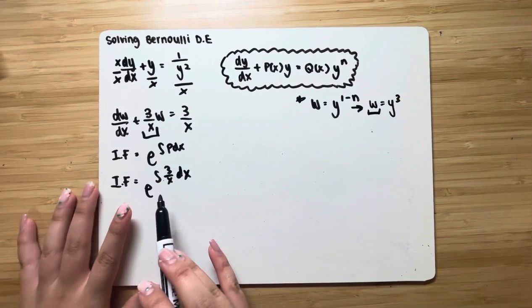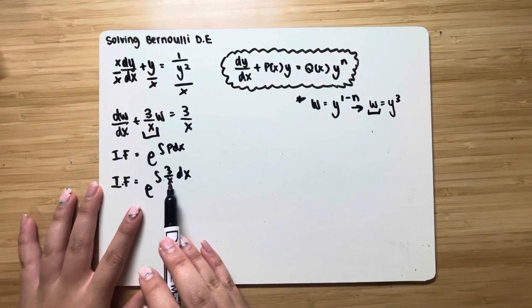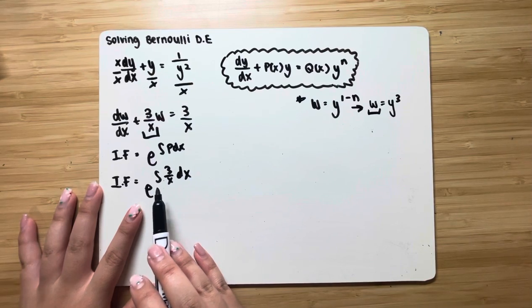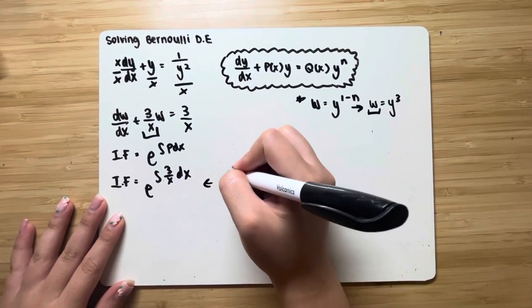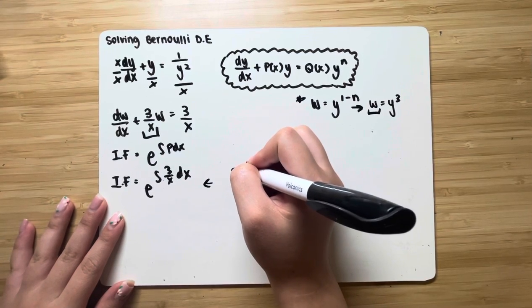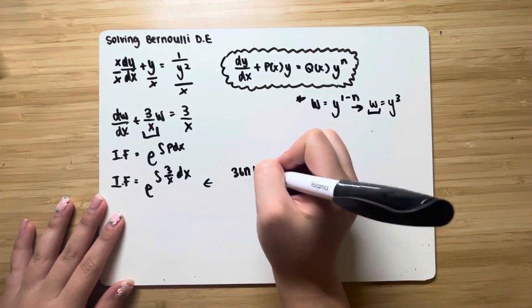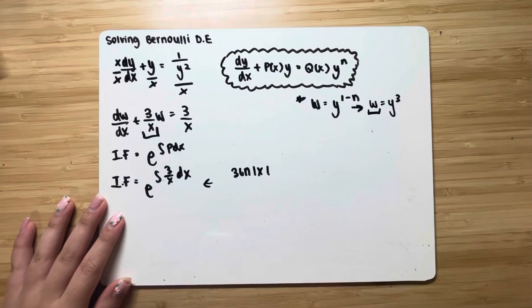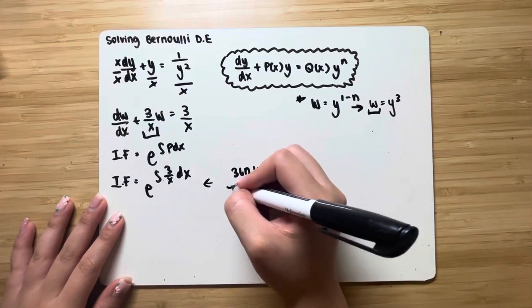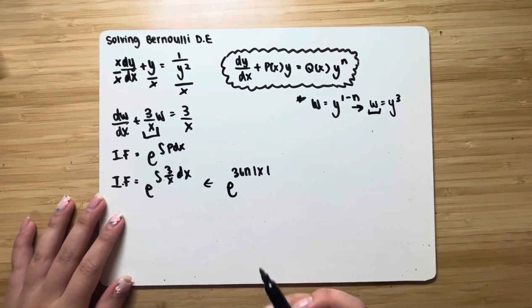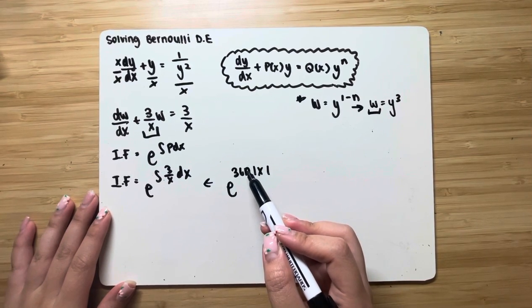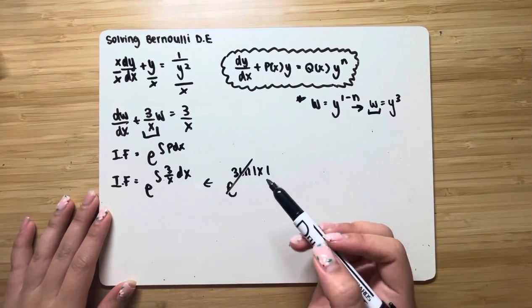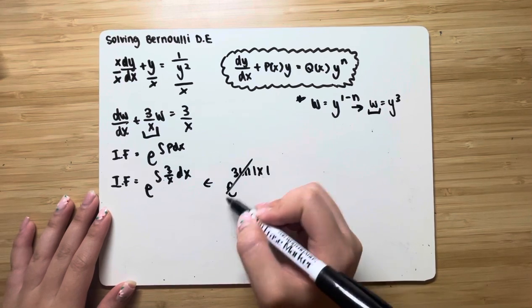And now the integral of 3 over x is going to be 3 ln x. And then you just add the e. Now, e to the ln power cancels out, so you can cancel it out.